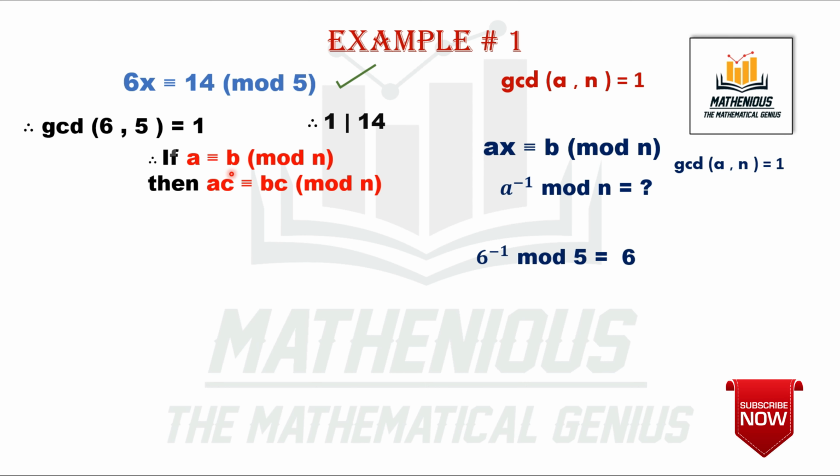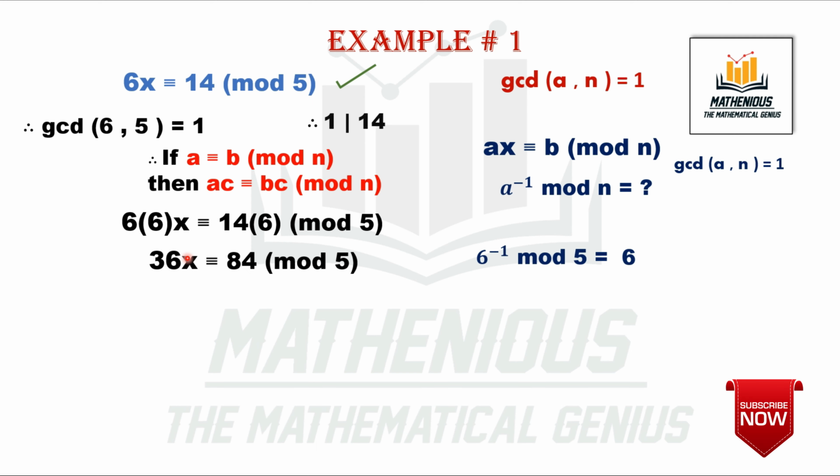If we multiply both sides by any integer, it will not affect the congruence. So multiply both sides by 6: 6x multiplied by 6 is congruent to 14 times 6 mod 5. By multiplication we get 36x is congruent to 84 mod 5.